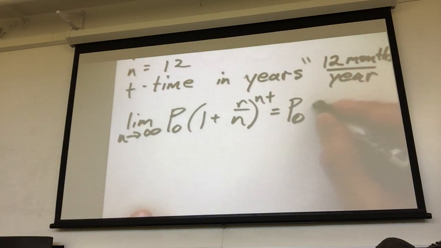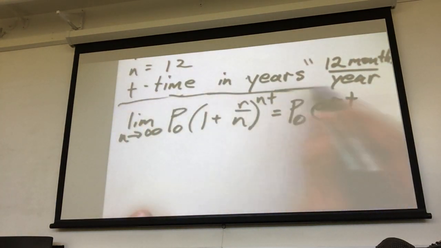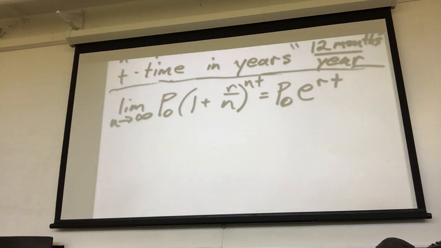This would equal P naught e to the RT. And what is this formula?